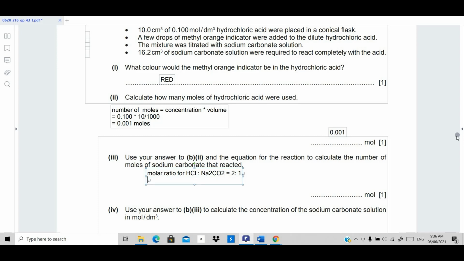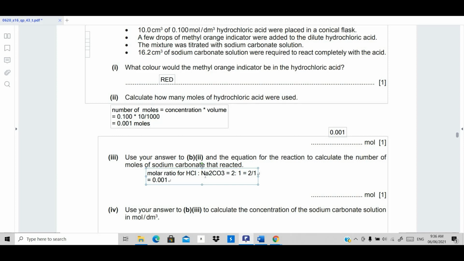The moles of HCl were 0.001, and we can write the 2:1 as 2 over 1, where 2 is for HCl and 1 is for Na2CO3.